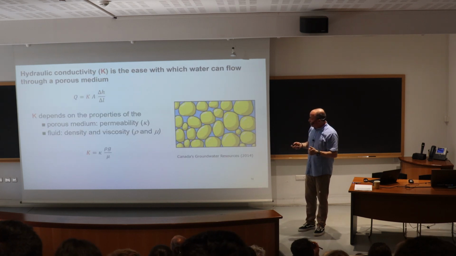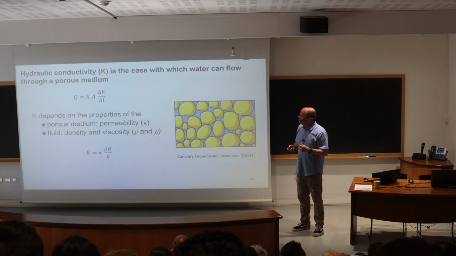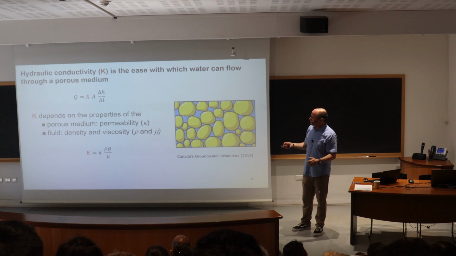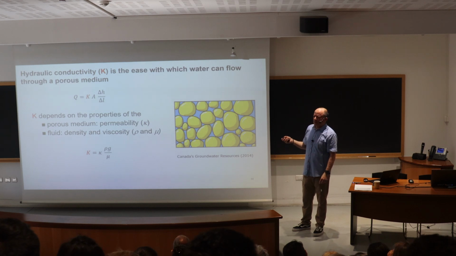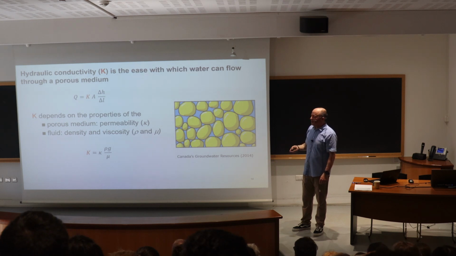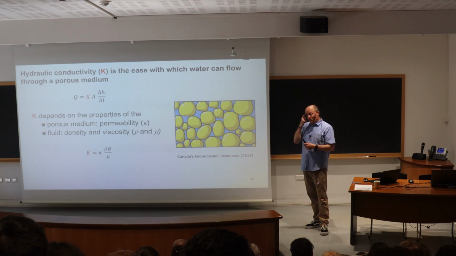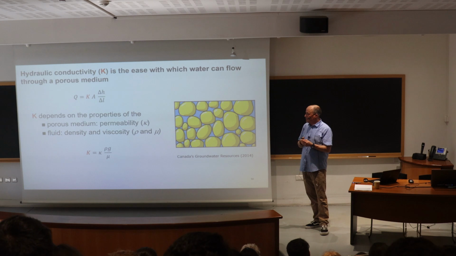Hydraulic conductivity can be defined in words as the ease with which water can flow through a porous medium. And it actually depends on the properties of the porous medium, the permeability, and the properties of the fluid, density and viscosity, rho and mu. In hydrogeology, we often assume for most applications that fluid density and viscosity are constant.